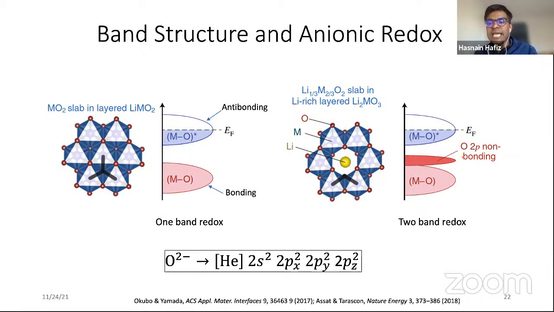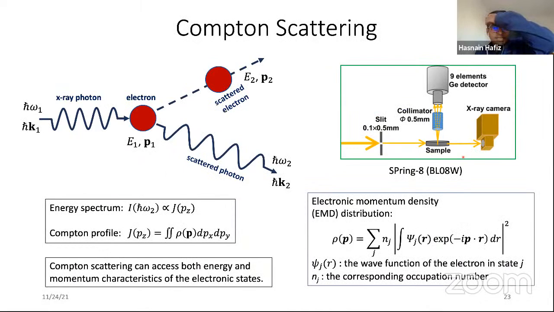This needs to be realized experimentally, which has been very difficult to understand fully with known experimental probes and techniques, such as X-ray absorption or X-ray emission. These techniques have been very difficult to use to understand this non-bonding oxygen band. So that's why we use Compton scattering in our study.